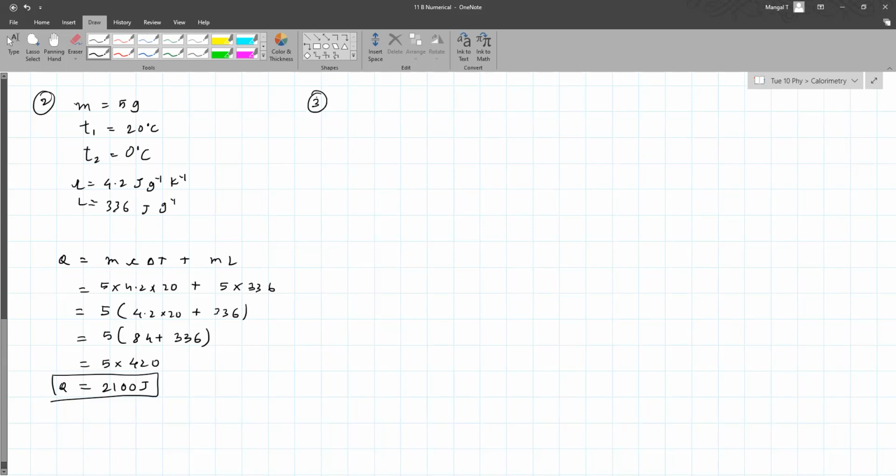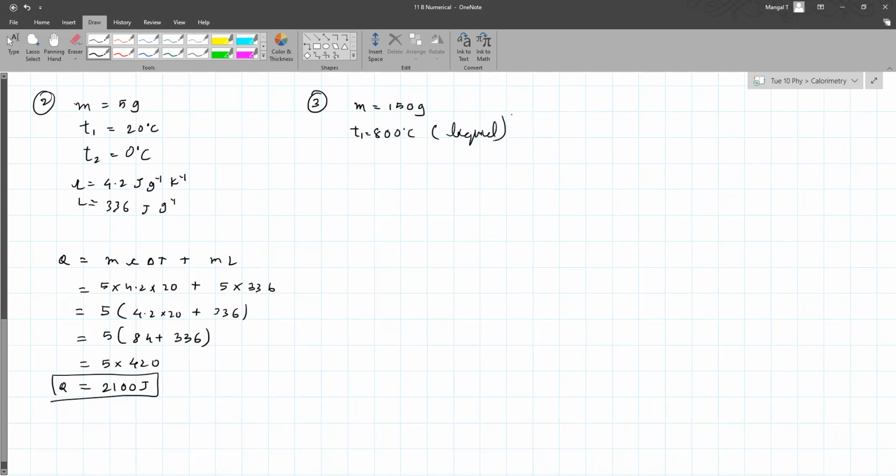Okay, then we move to number 3. Molten metal of mass 150 grams. So mass is given to be 150 gram, and it is at 800 degrees Celsius. So T1 is 800 degrees Celsius, and remember this is liquid.